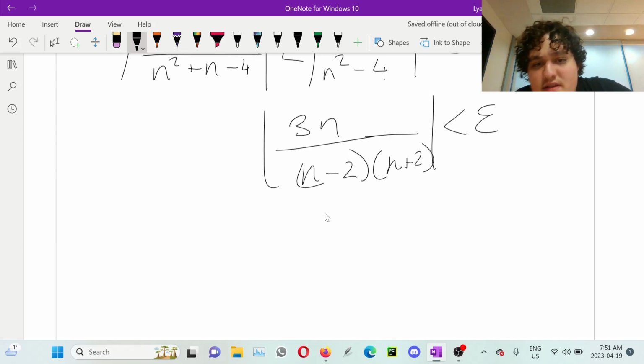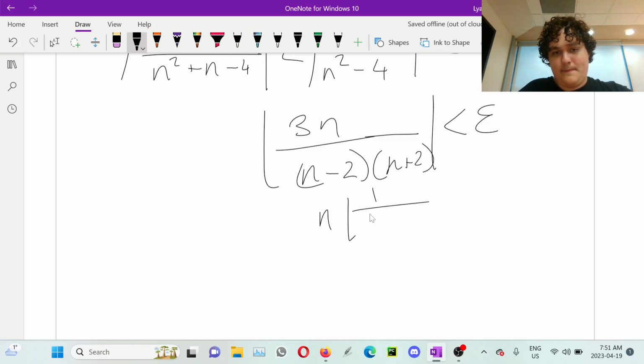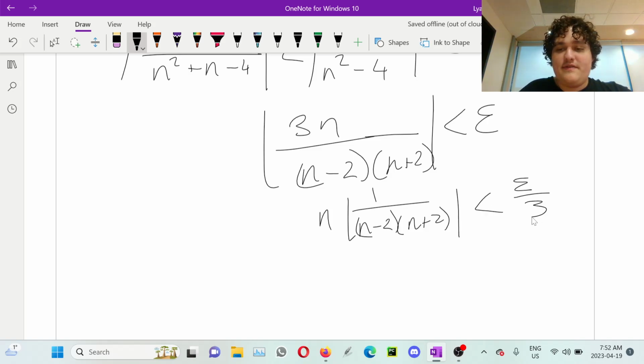So I can say that I can take the 3 out by absolute properties, so I have this. Right, by dividing both sides by 3. And now I just want to find some upper bound on this thing.